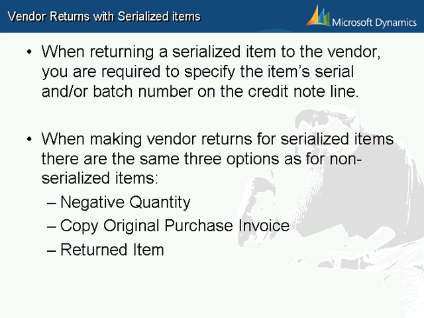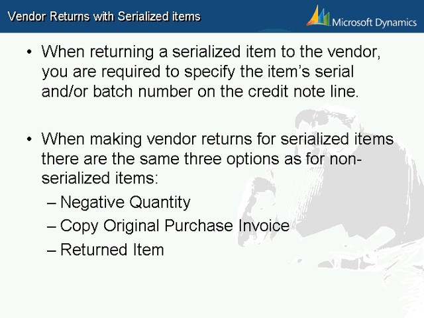When creating vendor returns for serialized items, there are the same three options as for non-serialized items: negative quantity, copy the original purchase invoice, and a returned item.